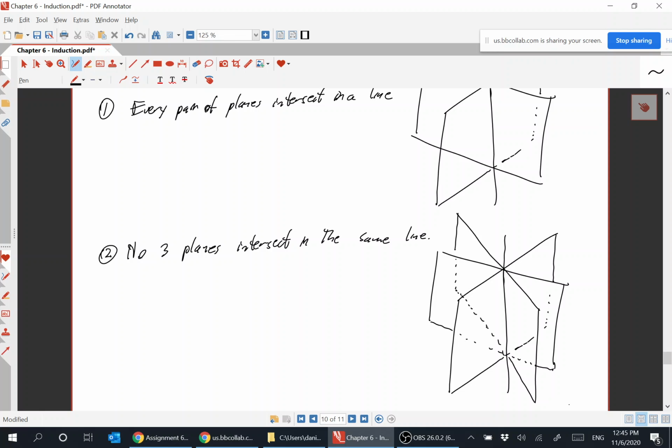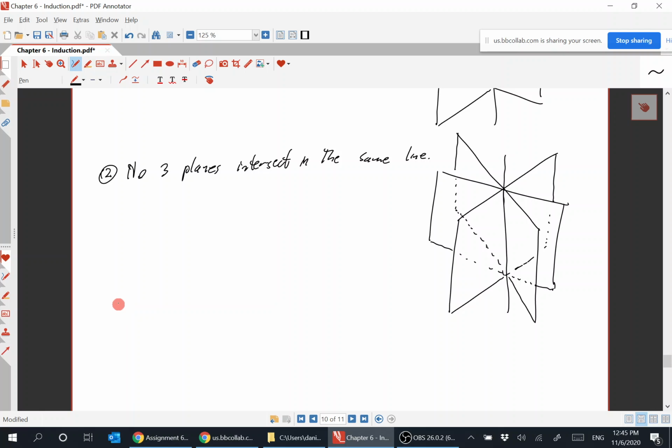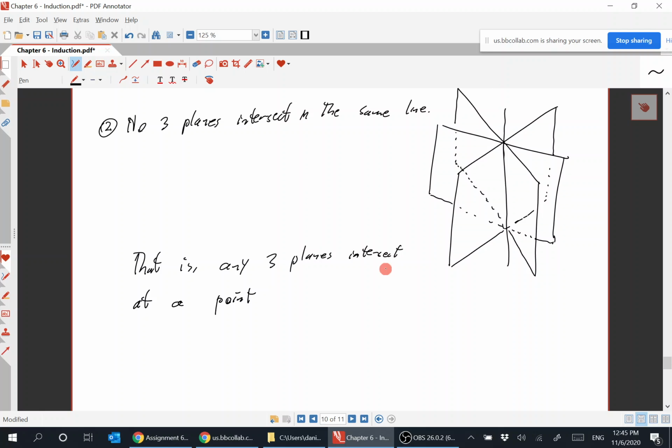3 planes have to intersect at a point. Any 3 planes intersect at a point. So that would look like this.